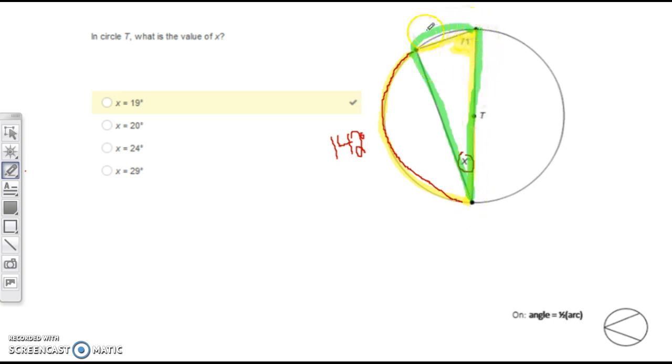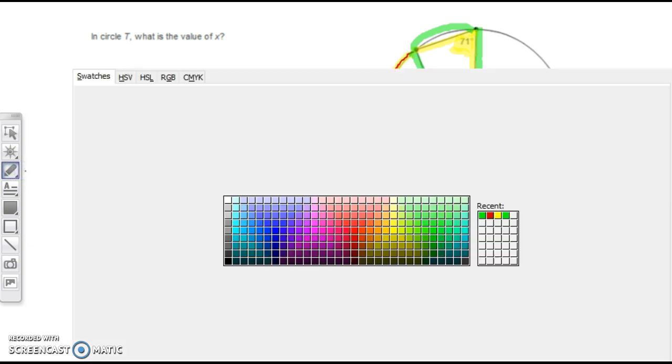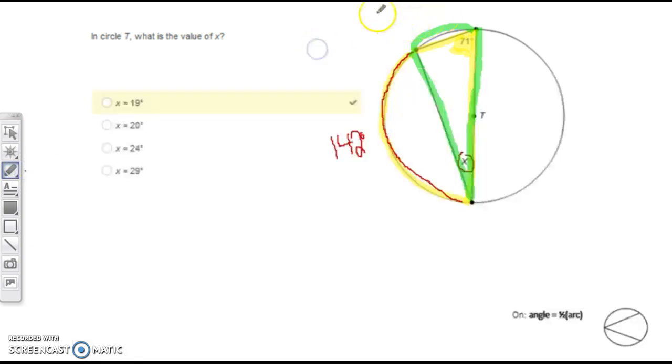So I know that this whole big arc would be 180, and I know that the red portion of it is 142. So to find the green portion, I could take 180 and subtract off 142. So I now know that the green arc is 38 degrees.